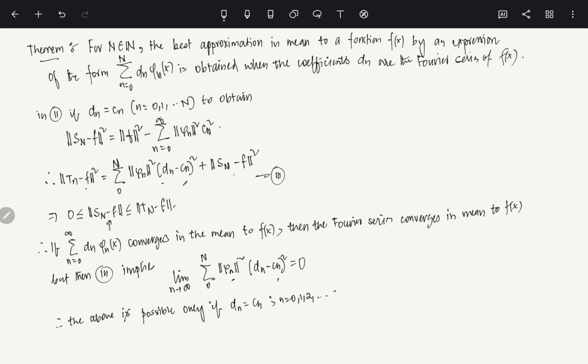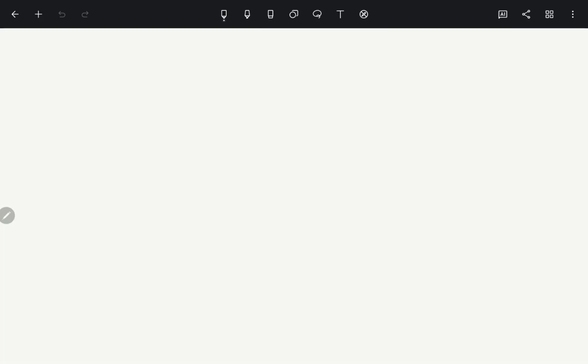What we proved now is essentially this thing. So let me write it here. What we proved is theorem 2.